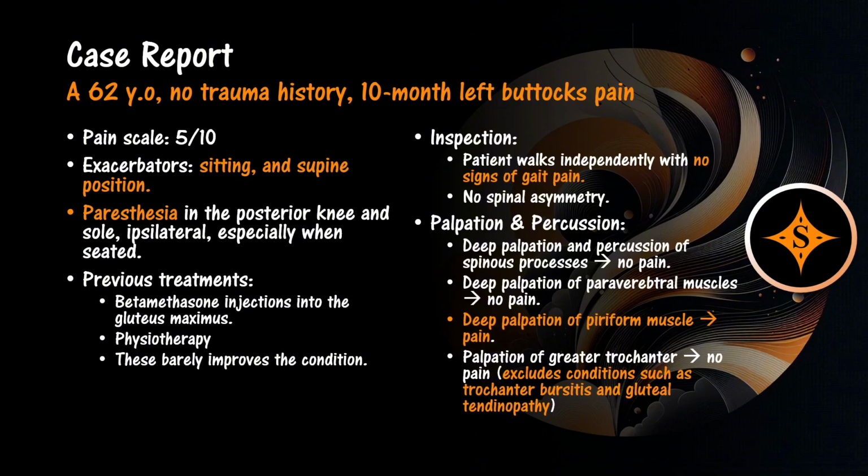Deep palpation of the perivertebral muscles also produces no pain or tenderness. However, deep palpation of the piriformis muscle in the buttocks region produces the same symptom that she was complaining about. It produces tenderness or pain in the buttocks. Palpation of the greater trochanter of the femur bone produces no tenderness. This also helps us exclude conditions such as trochanteric bursitis and gluteal tendinopathy.